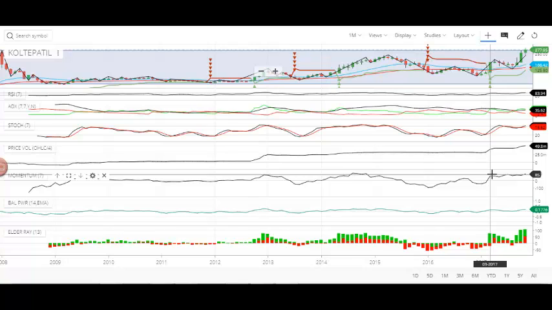Such kind of thing has to be there. So now we have to see whether the Koltepatil stock will cross this range bound movement and cross that 277 and reach 300, or again due to some price resistance barrier it will come down and enter into a consolidation phase, or a sideways movement, or what exactly it is going to do.